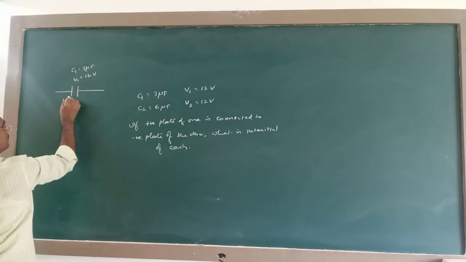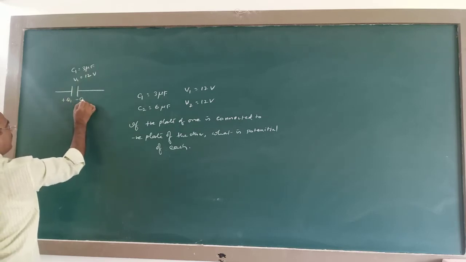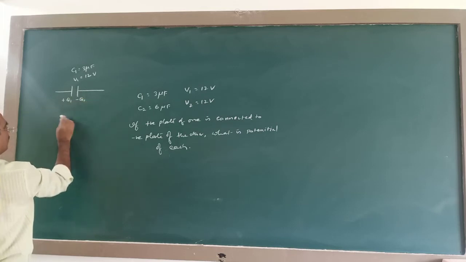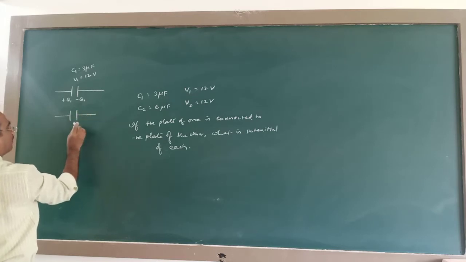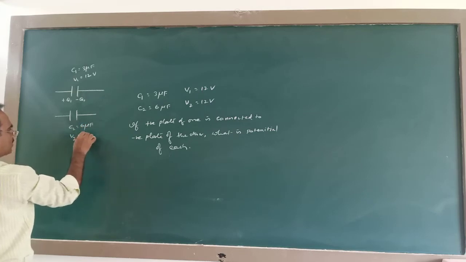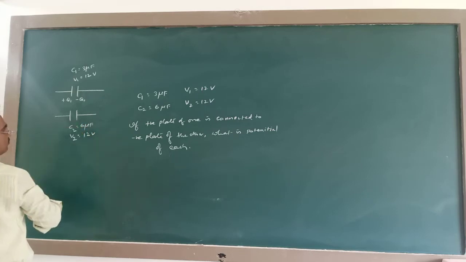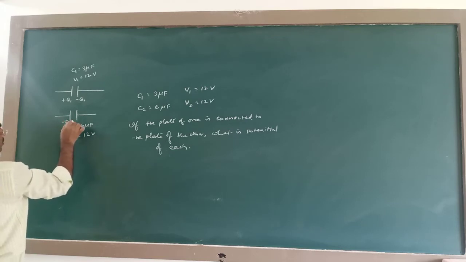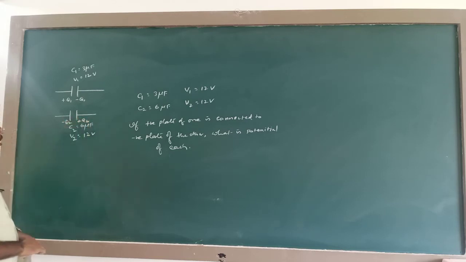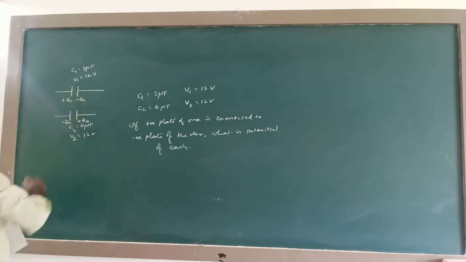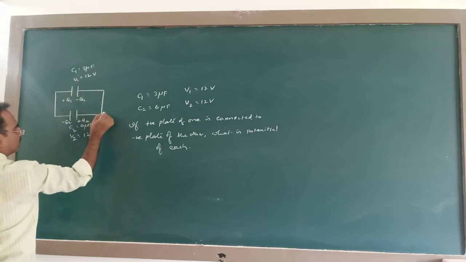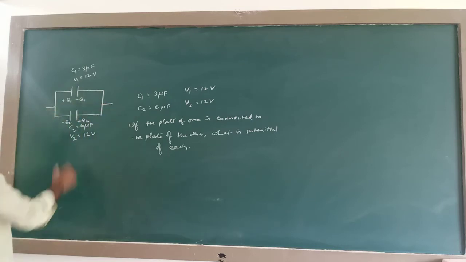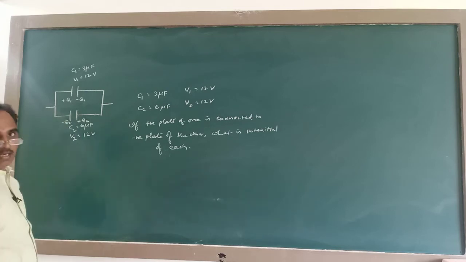Say this plate is having a charge plus Q1 and this will be having charge minus Q1. Here there is another capacitor, C2, it is of 6 microfarad and charged to the same 12 volt potential difference. So positive of one is connected to the negative of the other like this. You are asked to find the potential of each. That means you are asked to find the common potential difference.